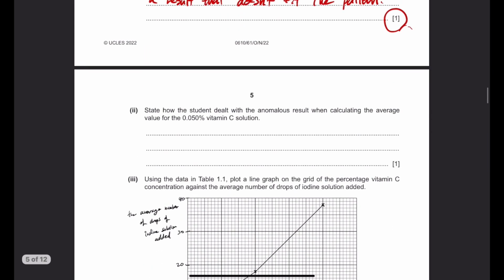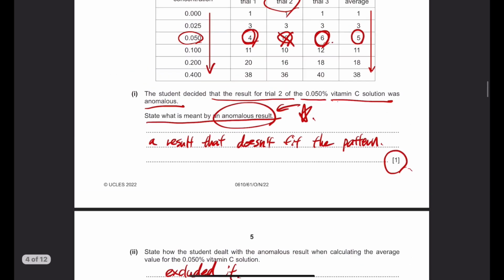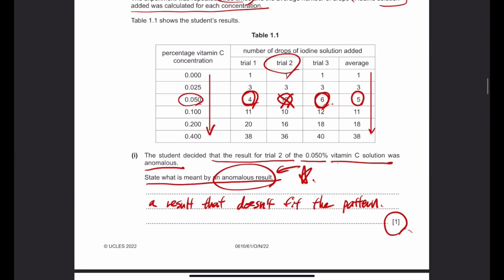So excluded is the answer. And that's a common technique that everyone uses. Even in your experiment, if you ever get an anomalous result, you can simply exclude it.